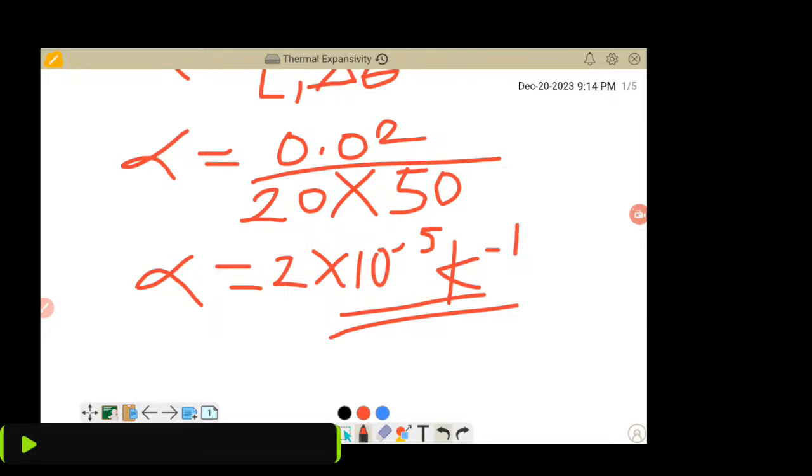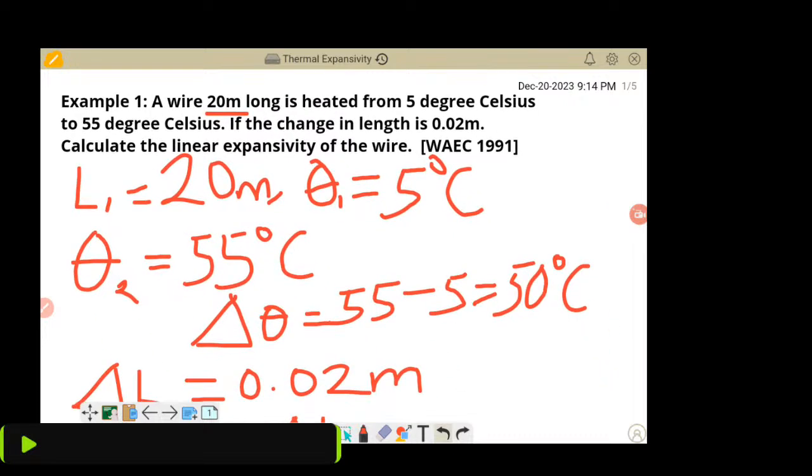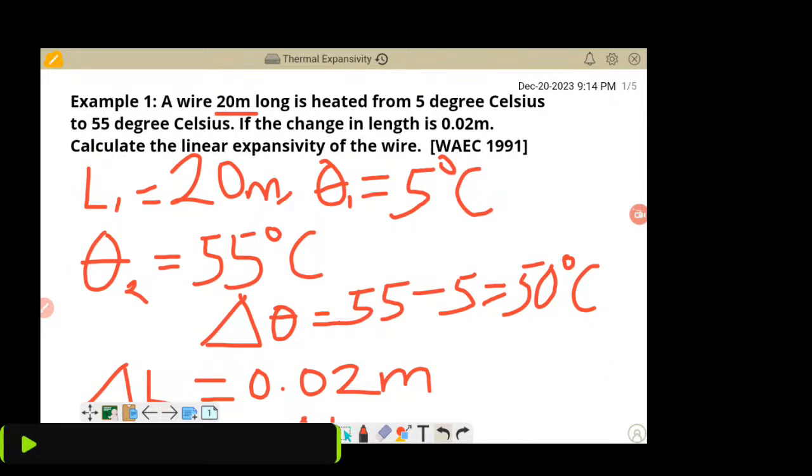Let me quickly go through it again. From the question, we have a wire of length 20 meter, that's the original length, and it's heated from temperature theta 1 to theta 2. Theta 1 is 5 degrees Celsius, while theta 2 is 55, and so we find our change in temperature to be 50. When this happened, it caused an expansion of 0.02 meter in this wire.